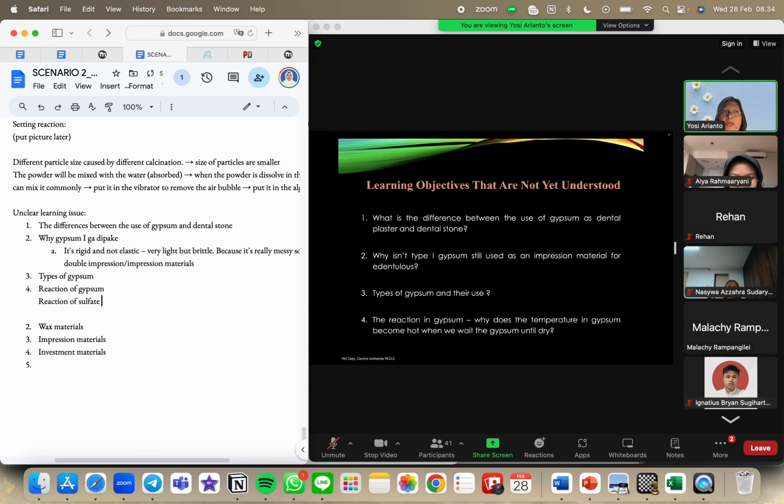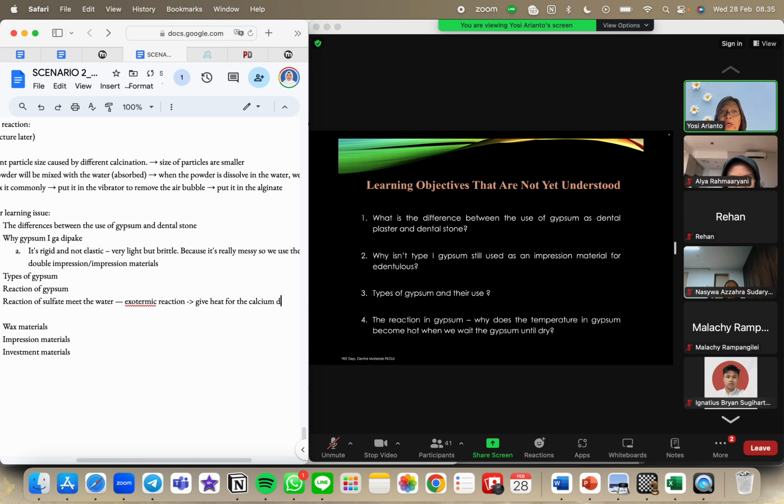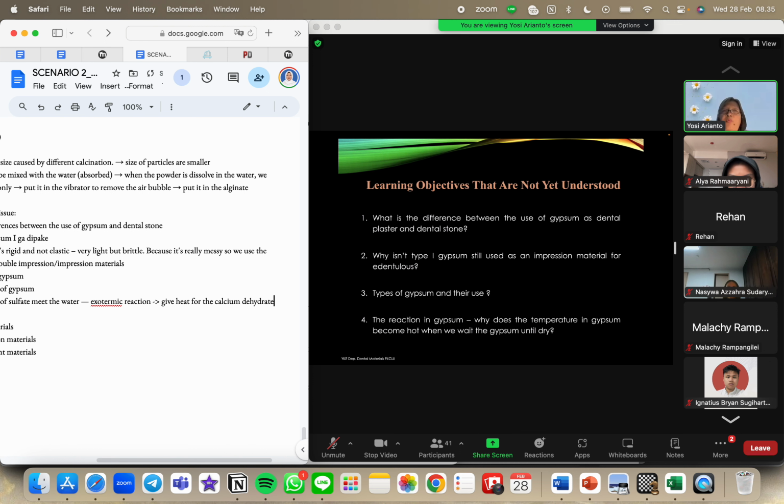Yes, because the reaction is exothermic, so it will release heat. In calcination we give heat to the calcium sulfate dihydrate, and when we mix with water for crystallization, it releases the heat again.